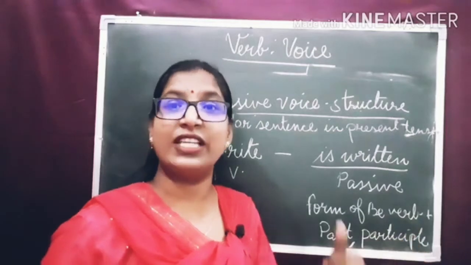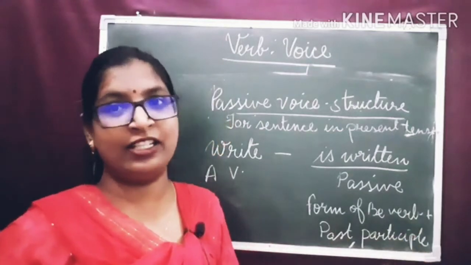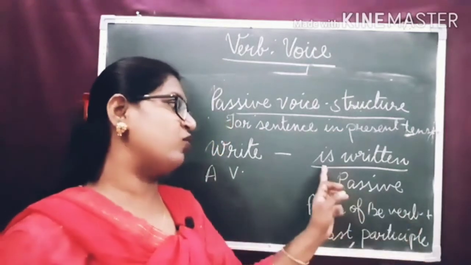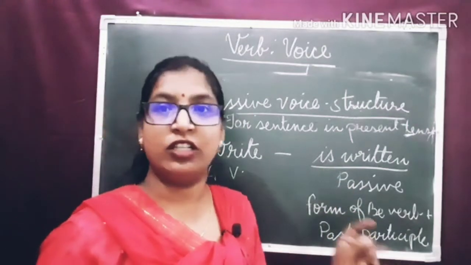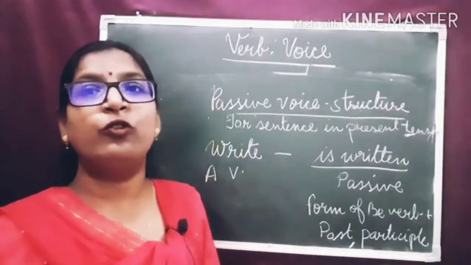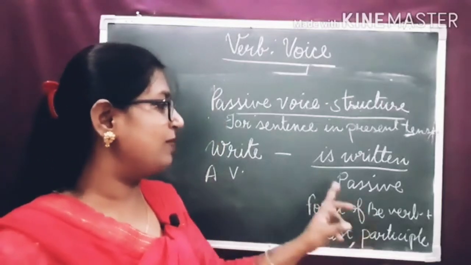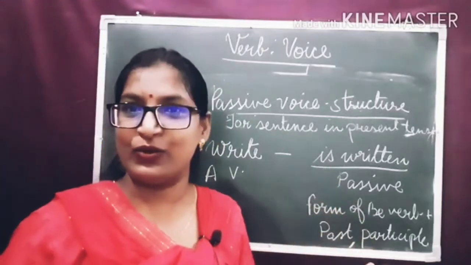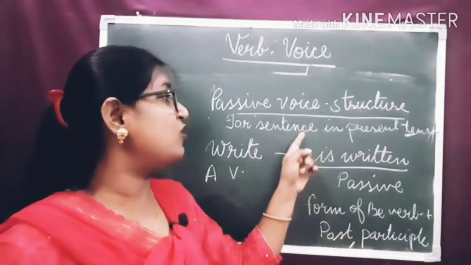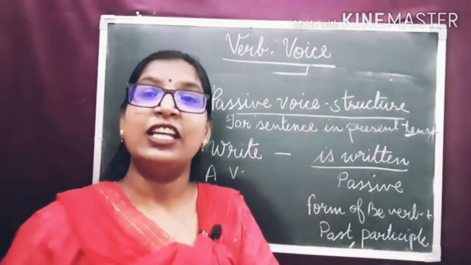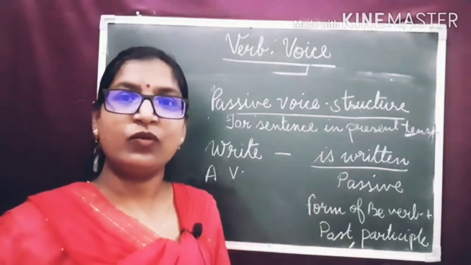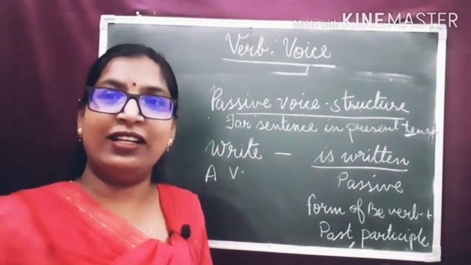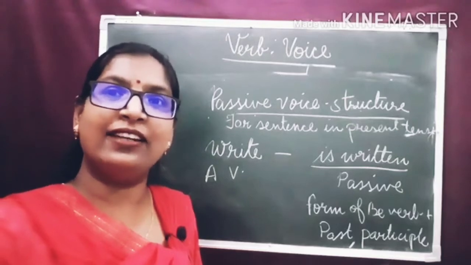Forms of be verbs are is, am, are. In present tense, according to the subject, we use is, am or are plus the past participle form, or the third form of the verb. And dear children, it is not compulsory that we use is, am, are all the time. According to the tense of the sentence, we change the helping verbs. So we'll see the table and then we'll learn it.